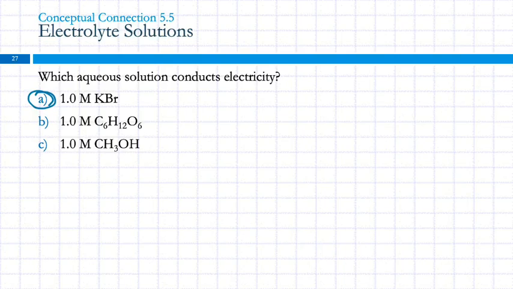So that's not going to conduct electricity. What about this one down here? Again, the carbon, hydrogen, oxygen. It ends with hydrogen. Does that make it an acid? No. It has to start with it. This is an alcohol. Doesn't conduct electricity.